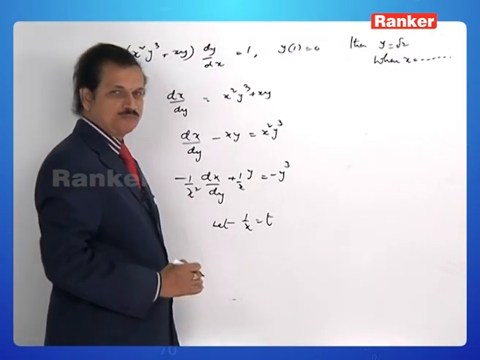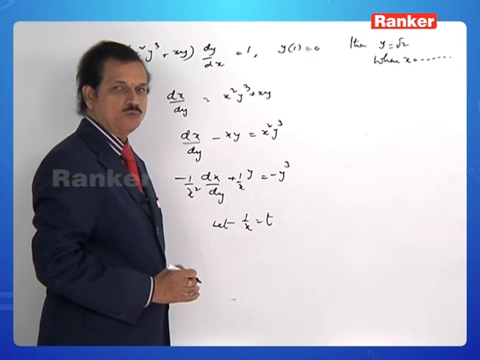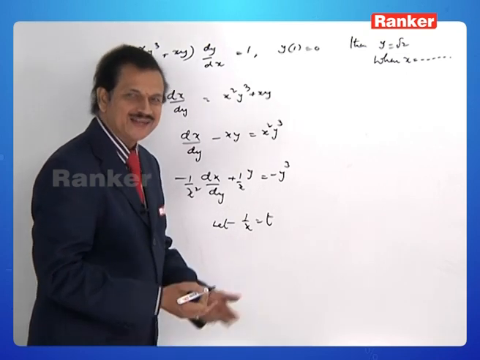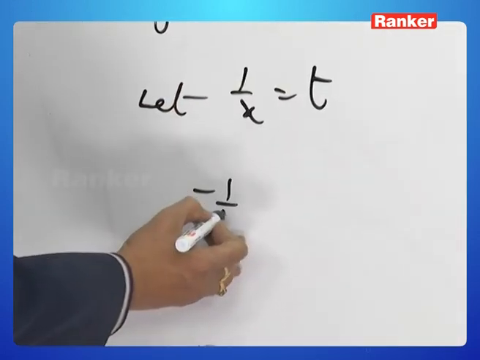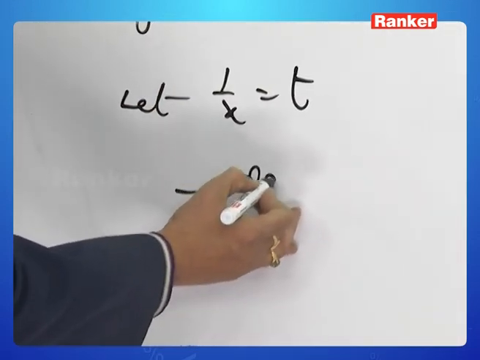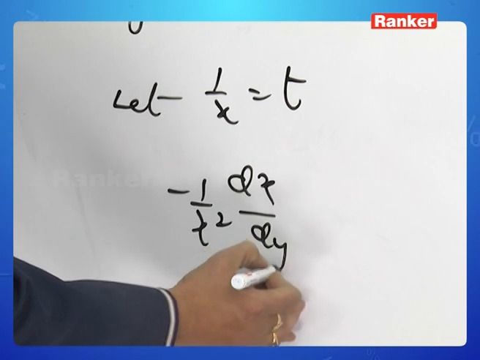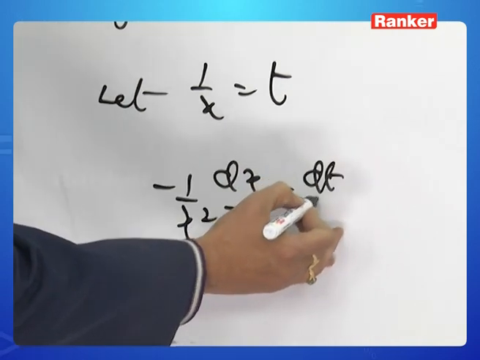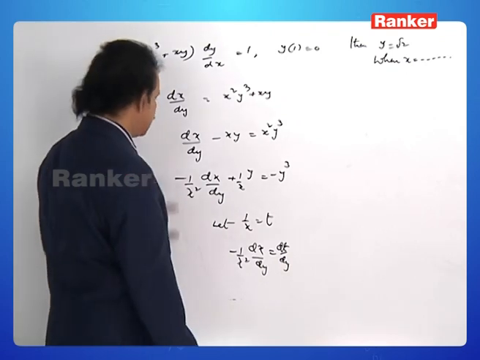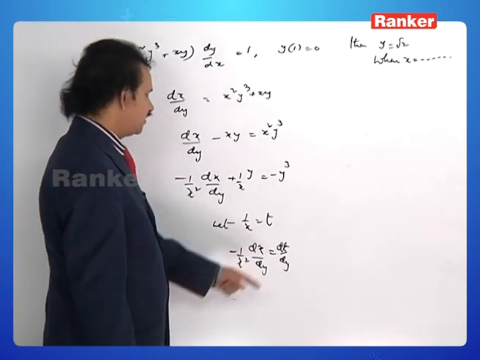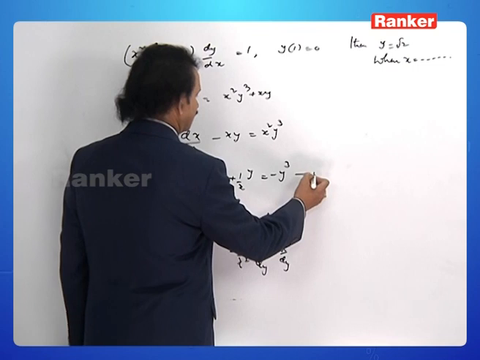Differentiate this with respect to y. What happens? What is the derivative of 1 by x? Minus 1 by x square into dx by dy is then dt by dy. Am I correct? dt by dy. So this part becomes dt by dy. Let me call this 1.